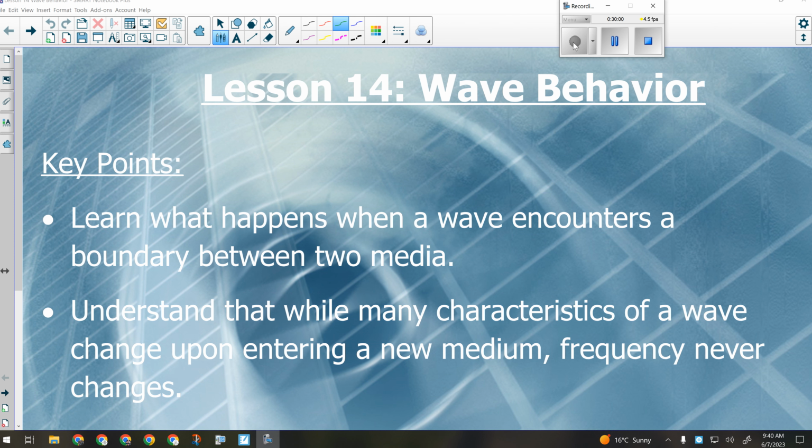Okay, so we've learned about a certain type of wave behavior, and that's interference: destructive and constructive interference. And now we're gonna look at what happens when a wave encounters a boundary. That means it's gonna go from one medium to another. Now, what properties of a wave does the medium affect?